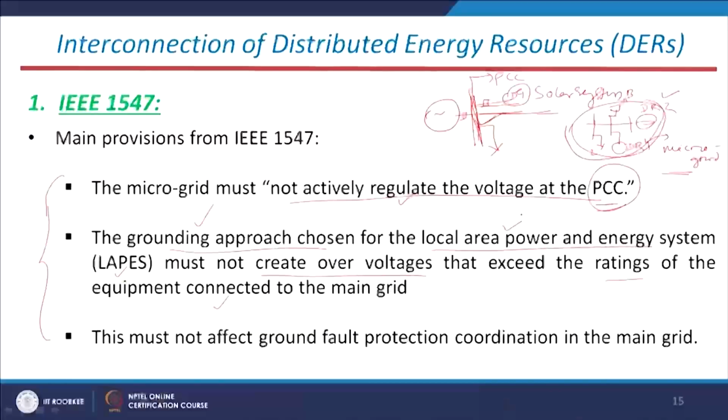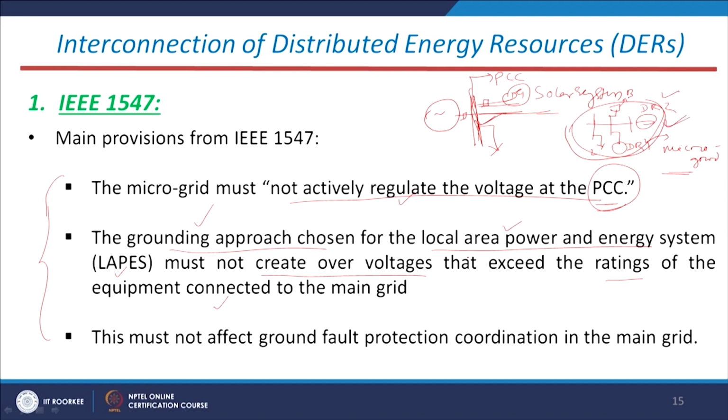So, in the star connected system we have to choose the grounding system in such a manner that it should not affect the local area power energy system. Local area power energy system means the small microgrid itself may act as a local area power energy system.